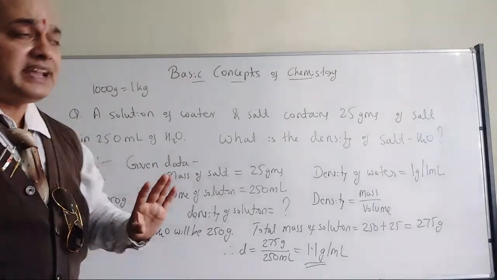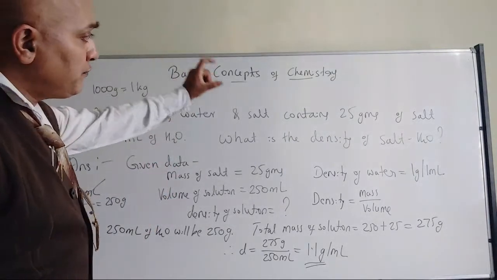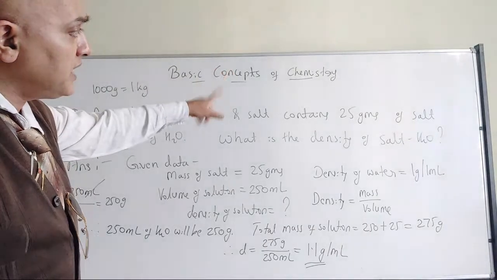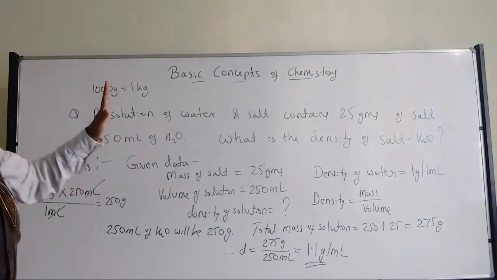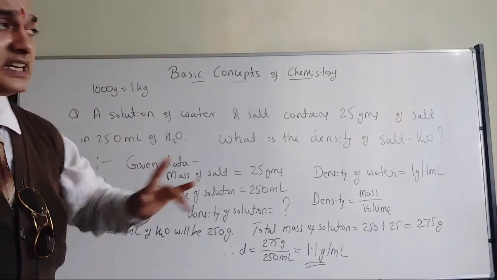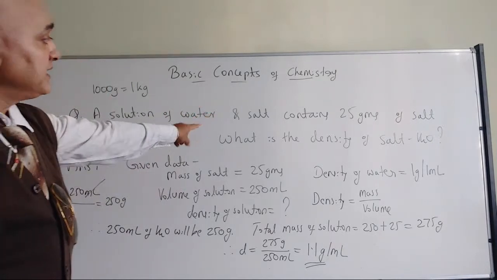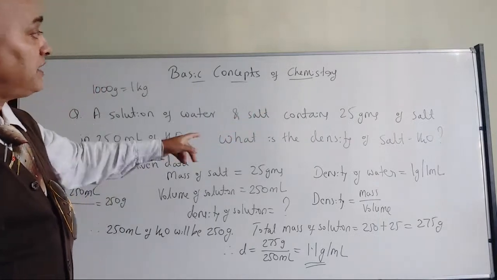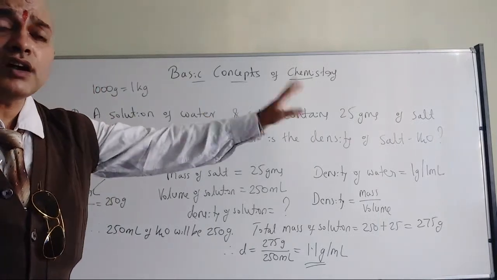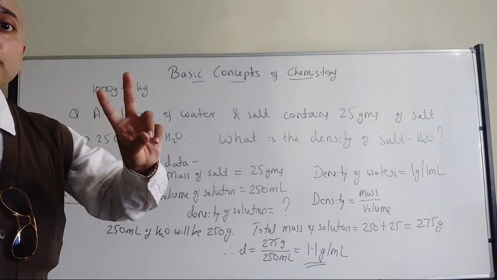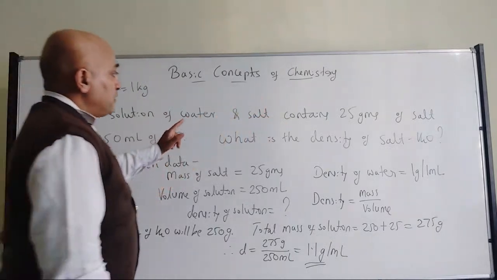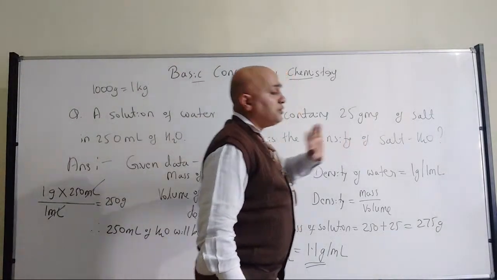So what does it indicate? It indicates that 25 grams of salt has been added to 250 ml of water. That's what the first sentence indicates. Now the second sentence asks, what is the density of salt water?